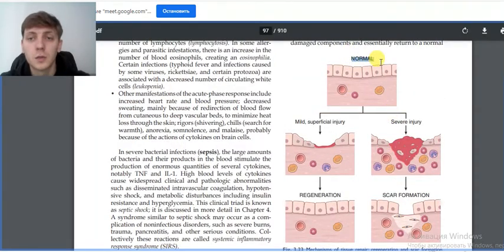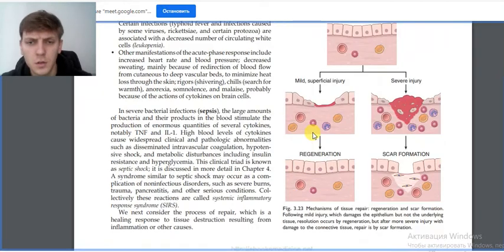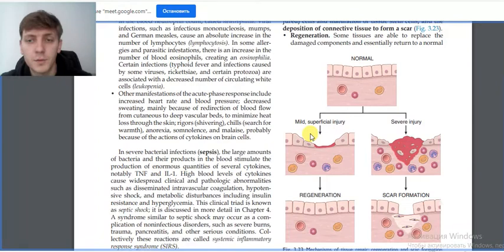So normal tissue, when it gets a mild injury. So what happens when mild injury happens? You remember in the first lectures, the cell as a unit of health and disease, we subdivide all the cell populations into three types. One of these cell populations is regenerative cell types.